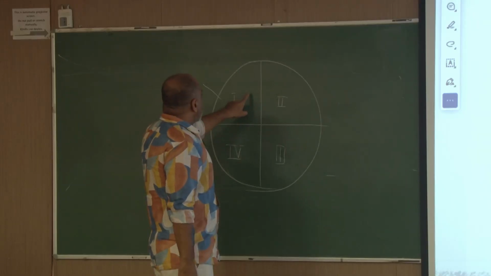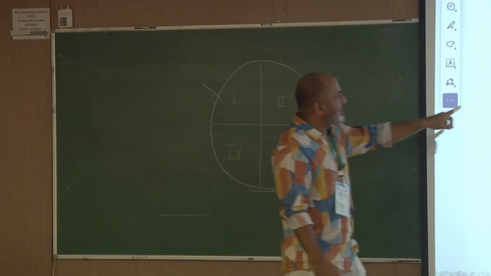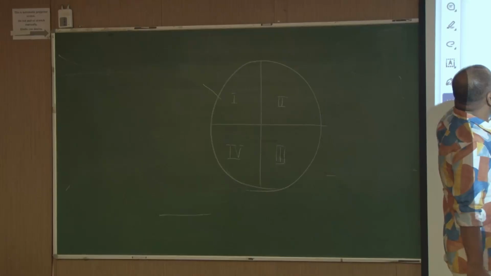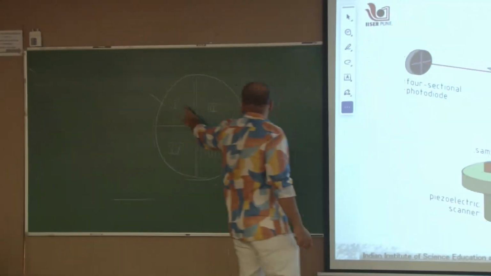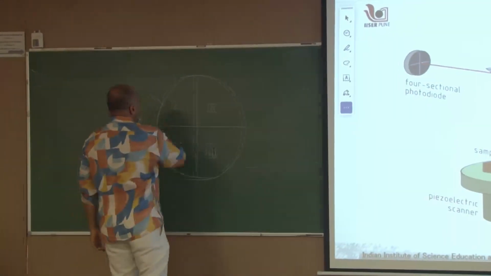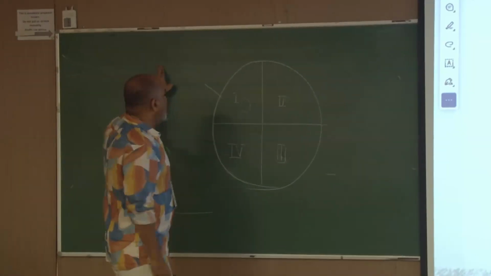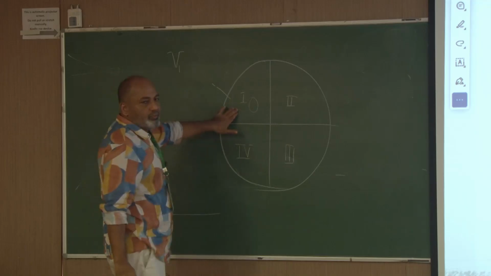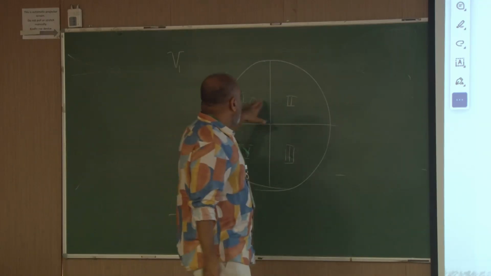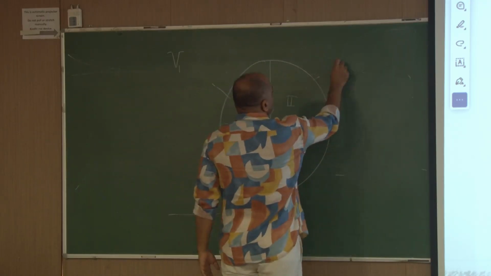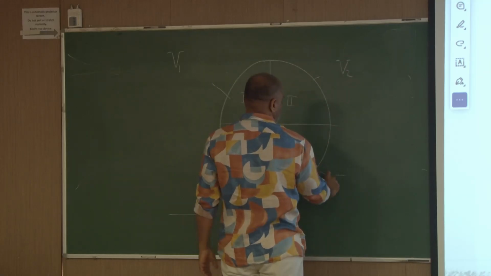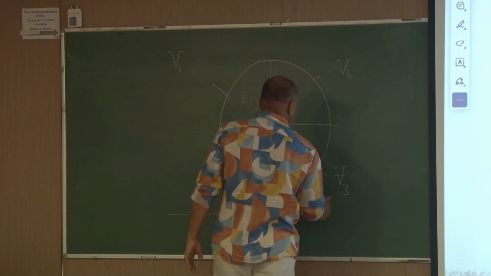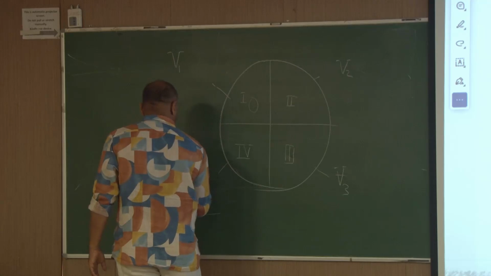Now suppose the laser falls in one quadrant here. The whole laser is falling here. Let's call the voltage generated by this V1. So only V1 will be nonzero. Or suppose it falls in this one, that's V2, and this is V3, and this is V4.